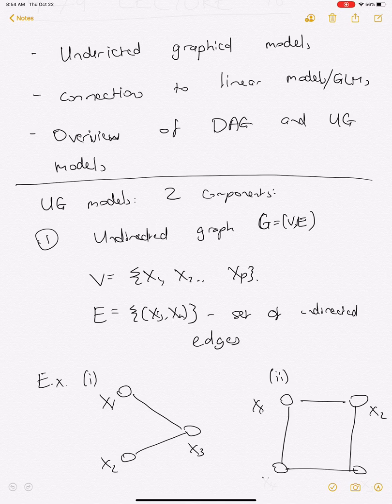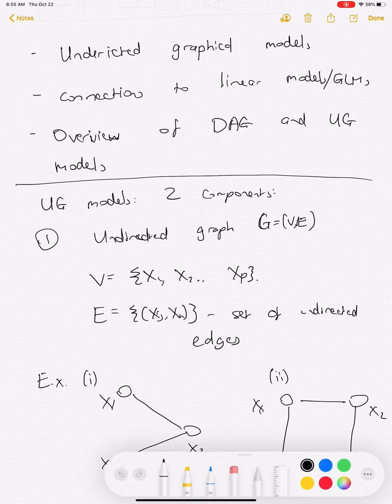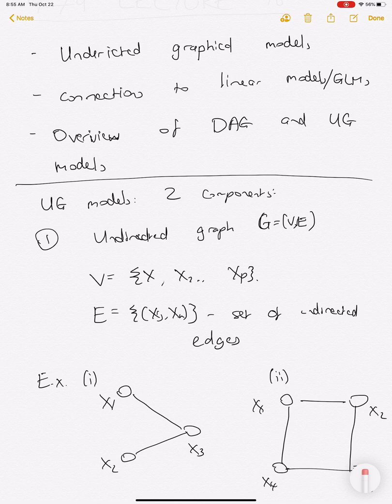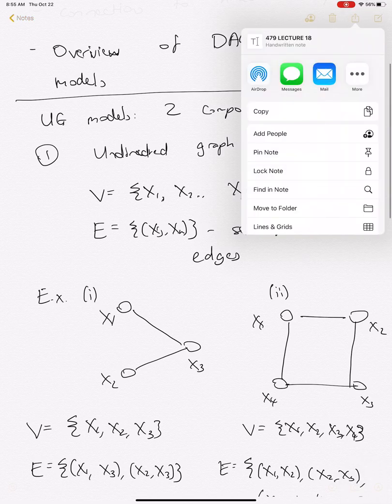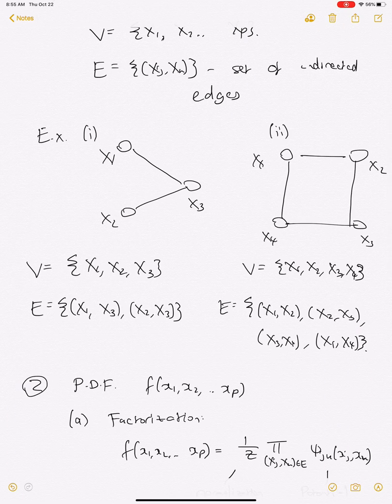The first component is an undirected graph, which includes a set of vertices x1 through to xp, and then a set of undirected edges. In particular, a couple of the examples that we've seen: a graph with 3 nodes, x1, x2, x3, and the edge set has 2 edges, one from x1 to x3, and the other from x2 to x3.